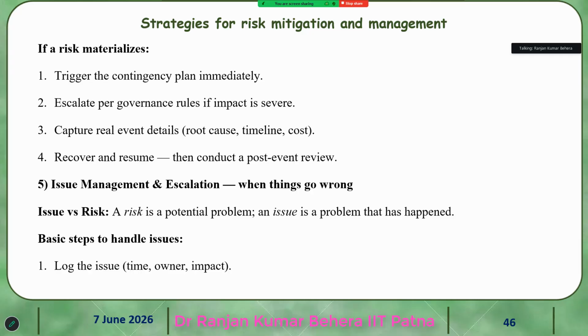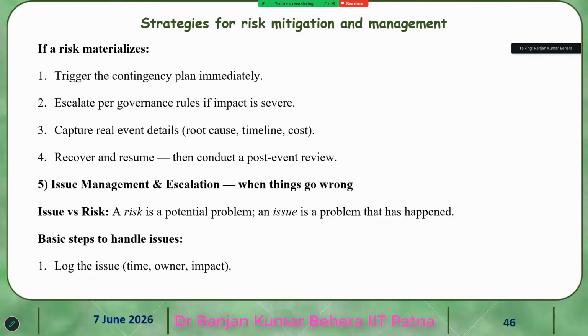Issue management and escalation when things go wrong. So, a risk is a potential problem. An issue is a problem that has happened. So, how to handle it when something goes wrong?